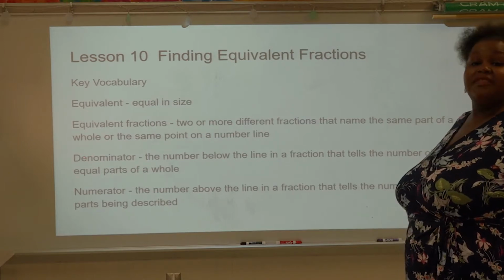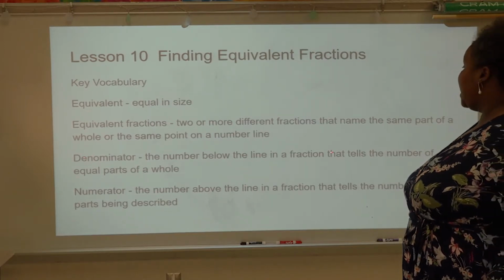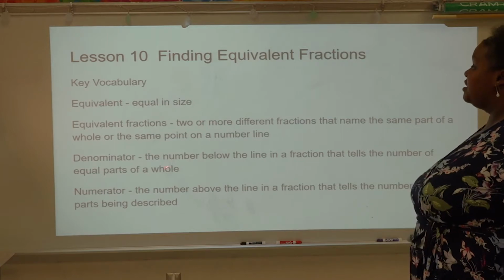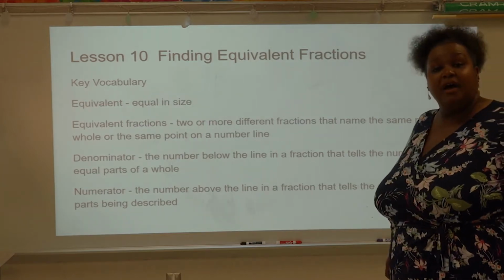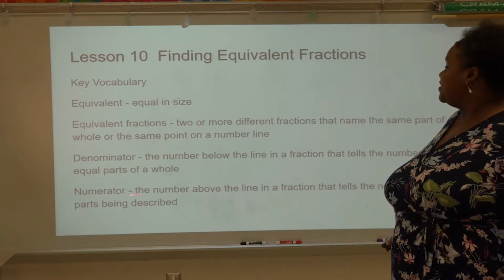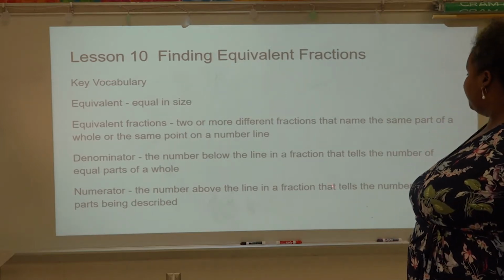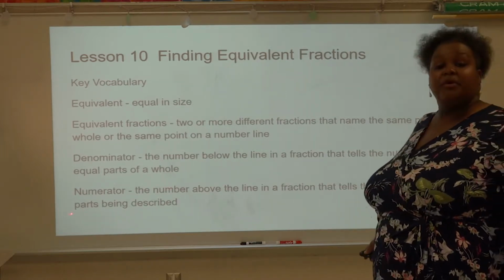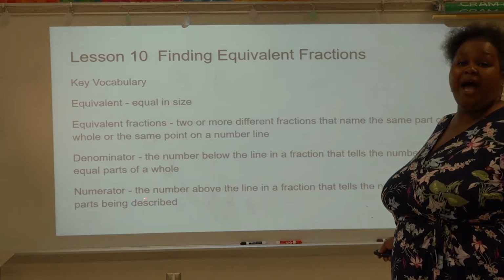Denominator, the number below the line in a fraction that tells the number of equal parts of a whole. And our last one, numerator, the number above the line in a fraction that tells the number of equal parts being described.